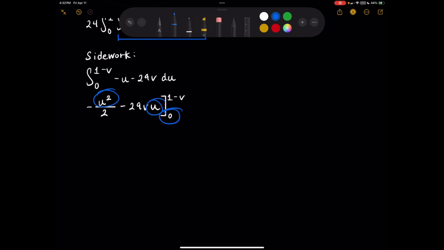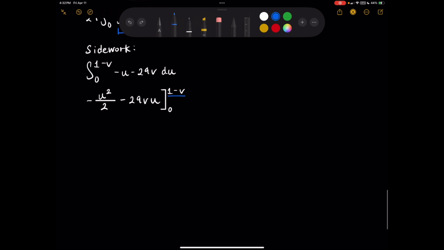We're just going to subtract 0. So for the sake of time, I'm not going to write that, right? But we're going to do the 1 minus v part, so that we're going to focus on. I'm just going to mark that by doing an x through this 0, because it's not going to matter. It's going to just be minus 0.